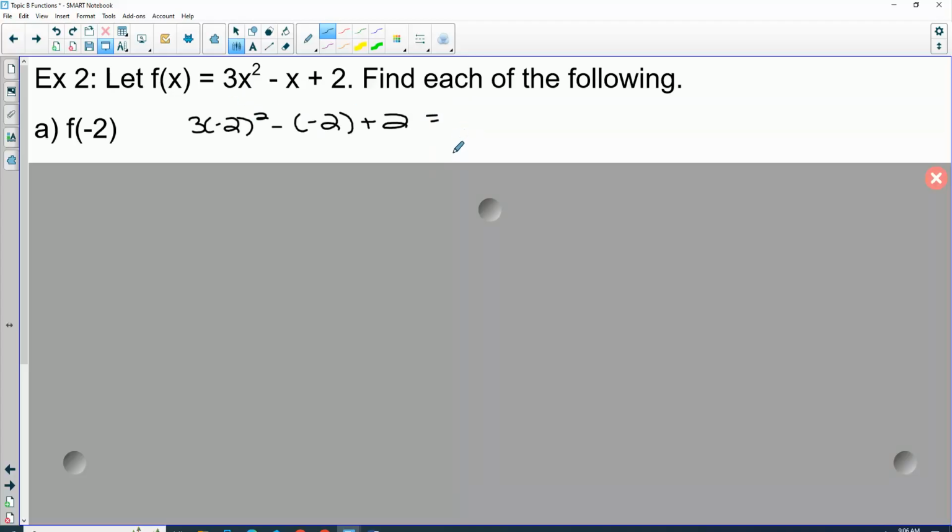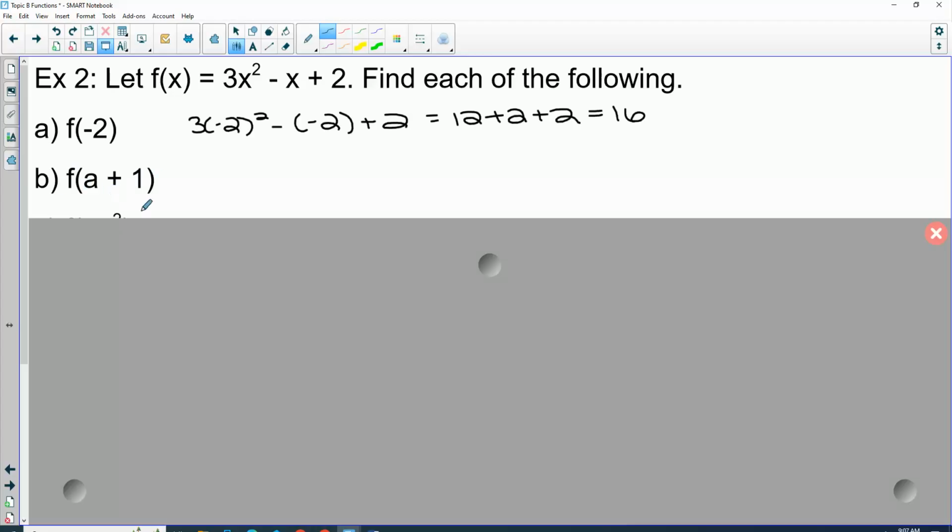We'll practice our no calculator. See what we remember. Nobody even reached for one. Proud of you guys. So -2 squared is 4 times 3 is 12. Minus -2, so plus 2, plus 2. Did you guys get 16? All right.